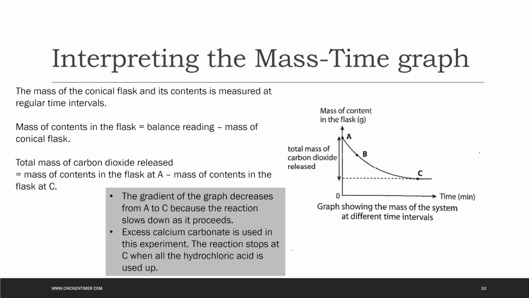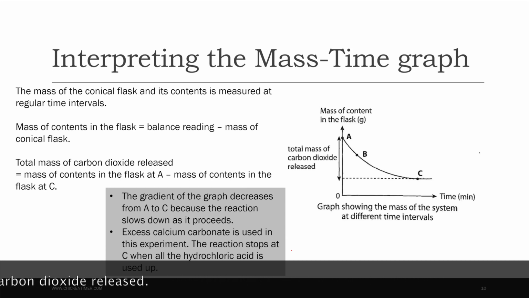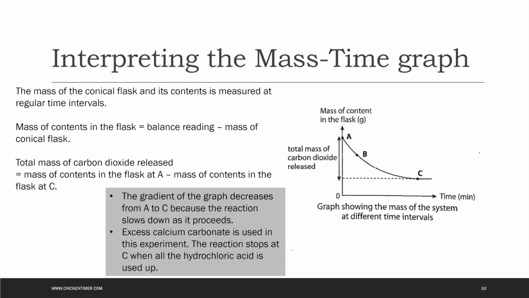Then the words down there just tell you how to derive the amount of carbon dioxide released, the mass, the side calculations. When you start the reaction, you put the conical flask with all the chemicals inside on the mass balance.